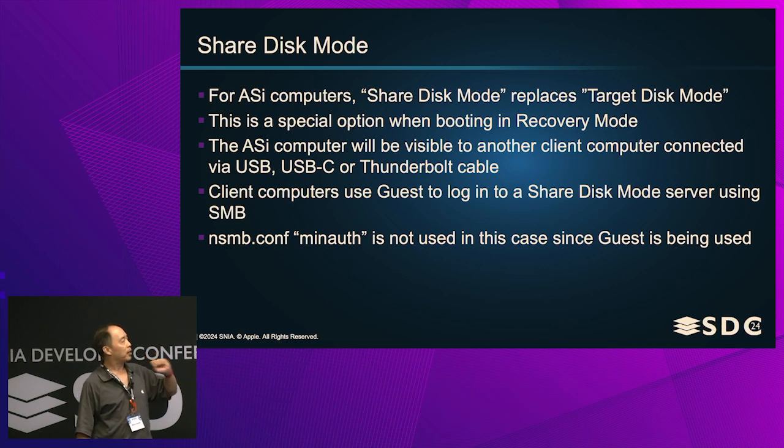So the key point is the client computers use guest to log in. The NSMB.conf had a min auth preference where you could say, only Kerberos is allowed or anything higher than that. But it didn't take effect because guest was being used.